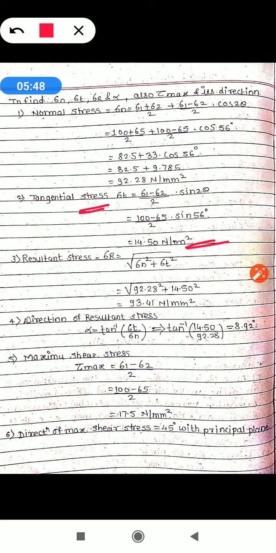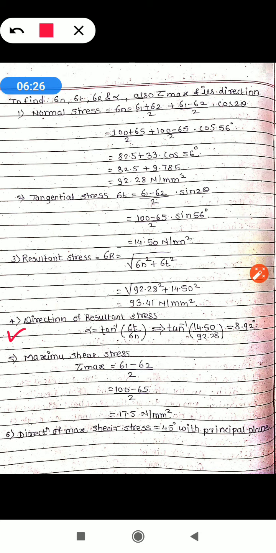Resultant stress: sigma r equals under root sigma n square plus sigma t square. Putting the above values, 92.28 square plus 14.50 square, our value is 93.41 Newton per mm square. Next, the fourth, is the direction of resultant stress, which is alpha.